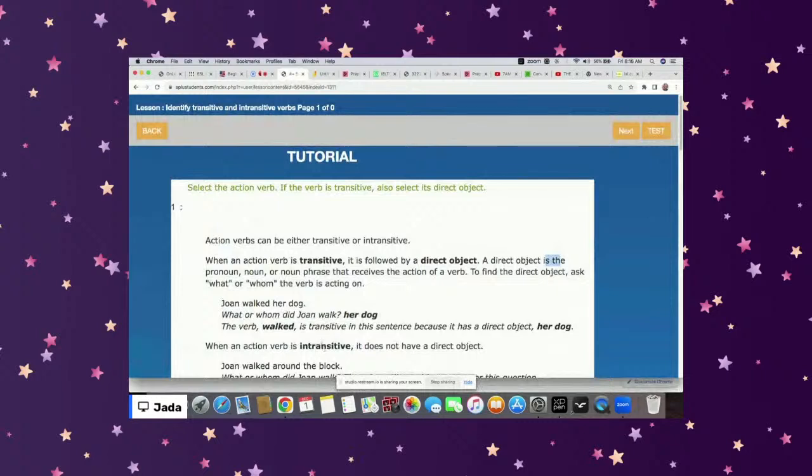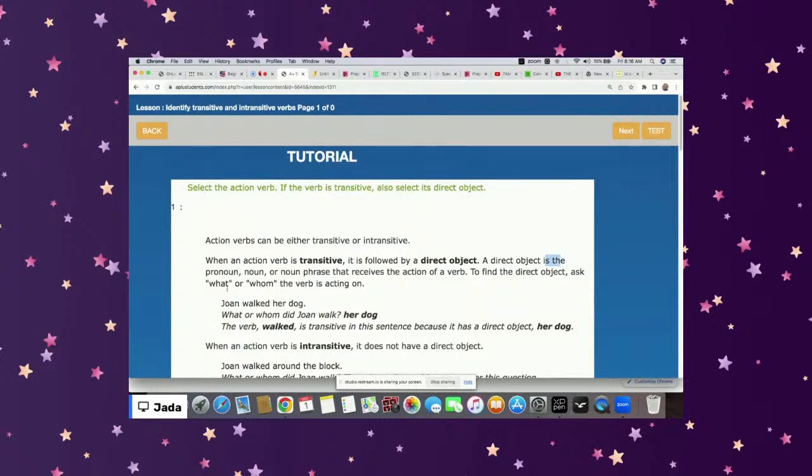Okay, so note that when an action verb is transitive, it is followed by a direct object. And what are the direct objects? The direct objects are the pronoun, noun, or noun phrase that receives the action of the verb. So to find the direct object, you need to ask who or what the verb is acting on. So what is this verb acting on?